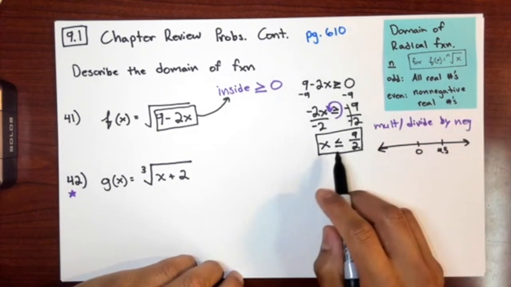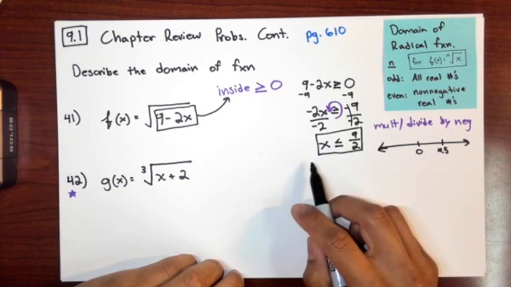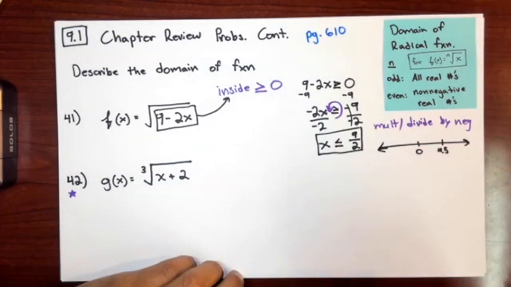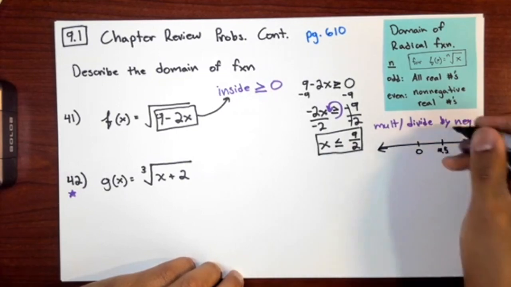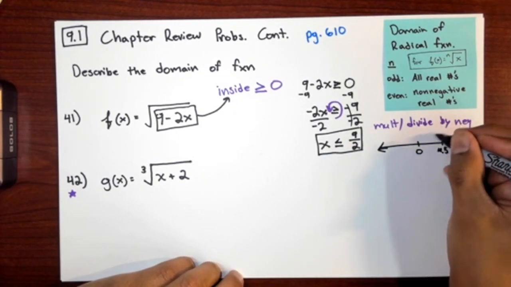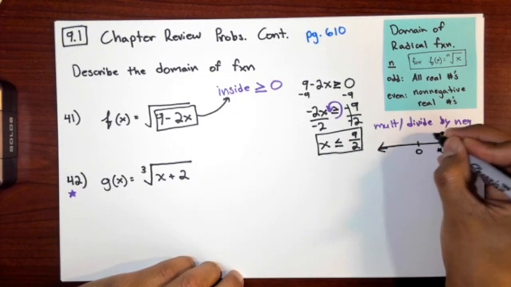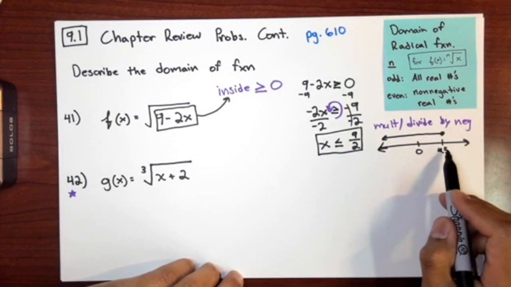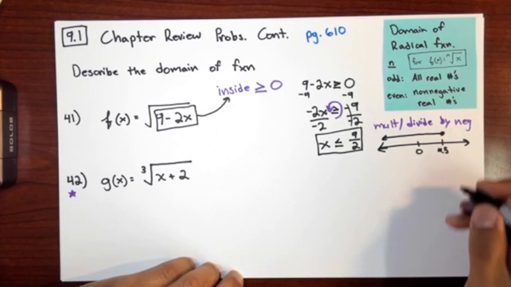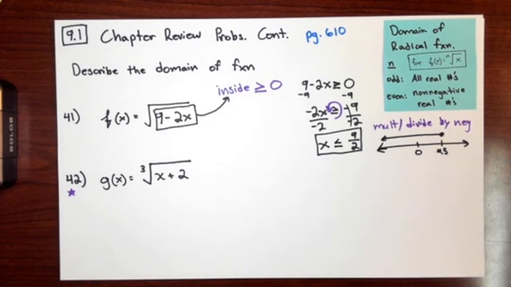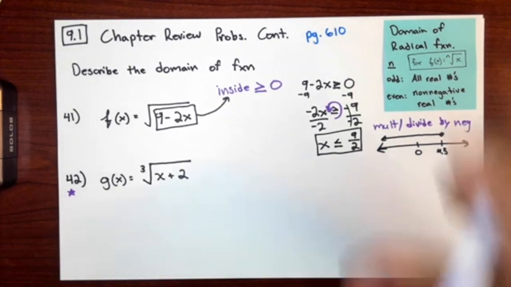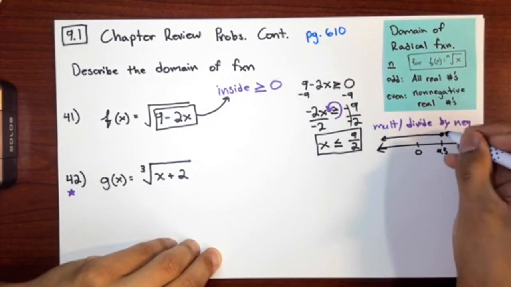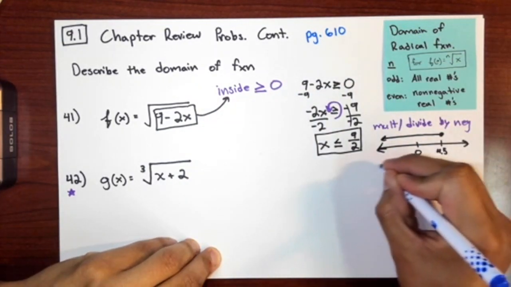Now we know that x is less than or equal to 4.5, so since it's equal to, it's going to be one of these, and it's going to go that way. That means that x can be anything from 4.5 in this direction. Remember though that we write using parentheses and brackets, so we're actually going to rewrite that as this.